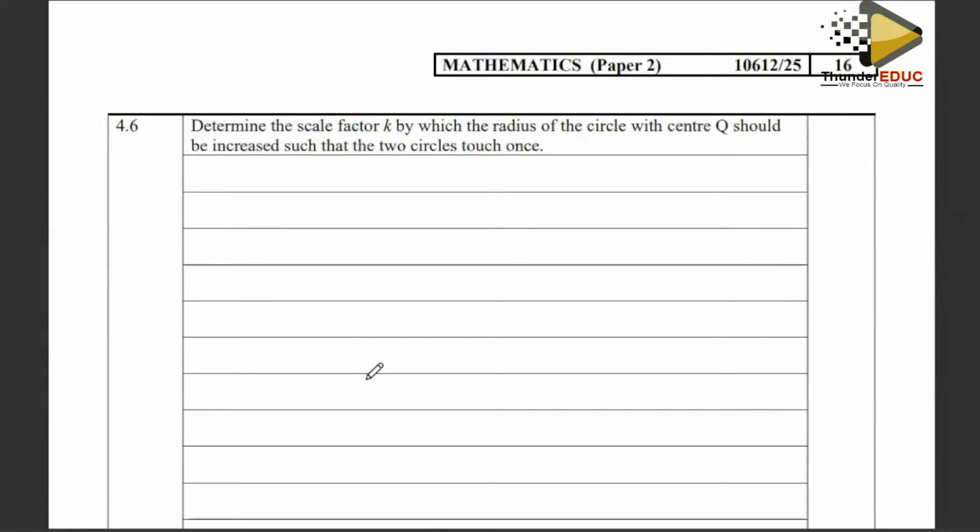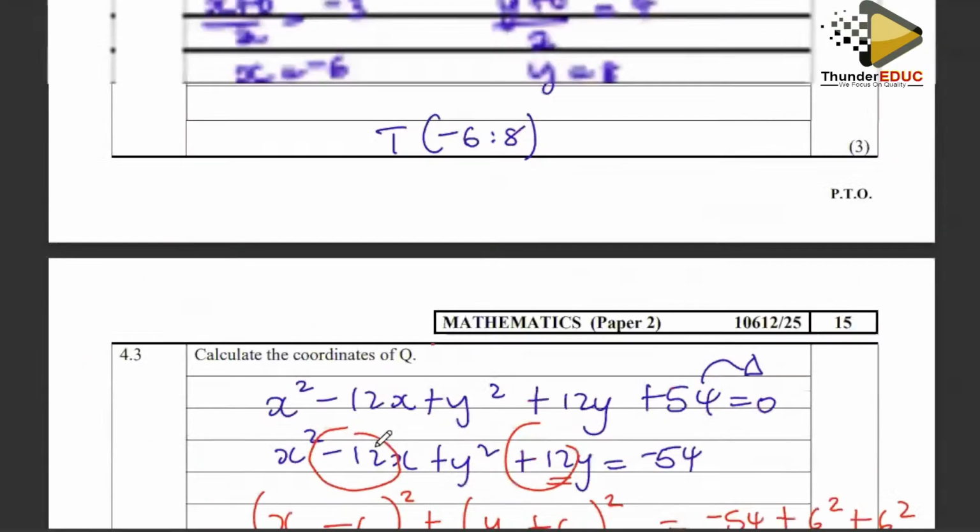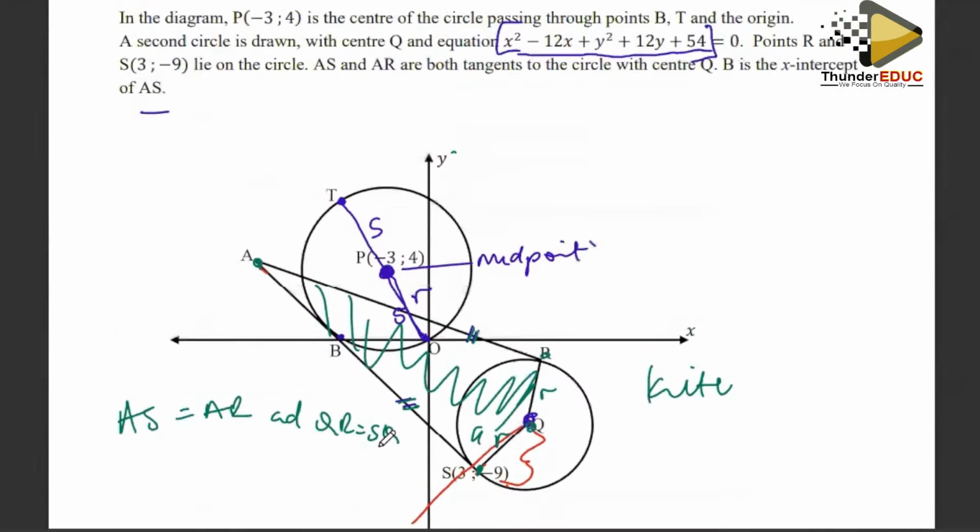Determine the scale factor K by which the radius of the circle with Q should be increased such that the two circles touch. Okay, scale factor with which the radius of the circle with Q must be increased so that the circles touch.